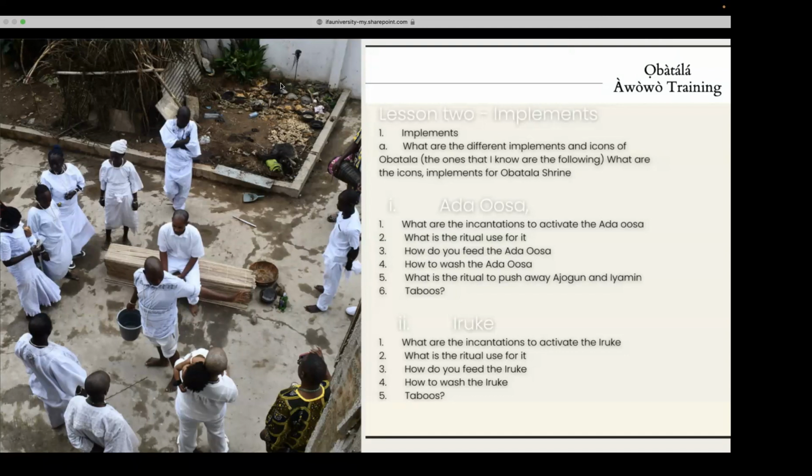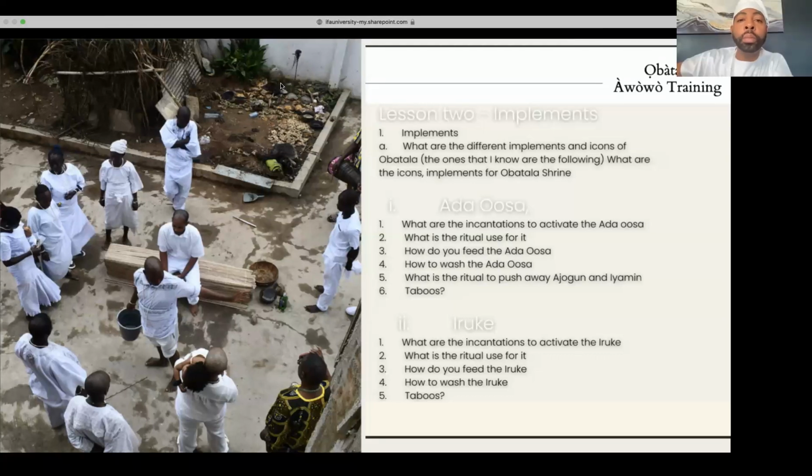So far you have gotten your earring, you might not have a ring, but it is good just to have them so that you can have the complement of the spirit. And this icon as well is just an image representation of what Ọbàtálá looks like, how they are dressed.